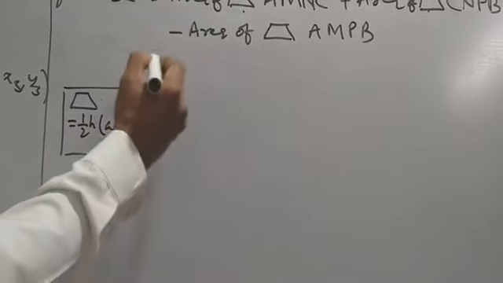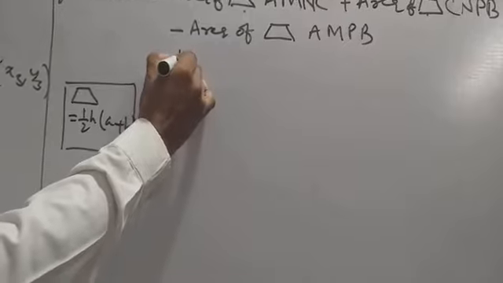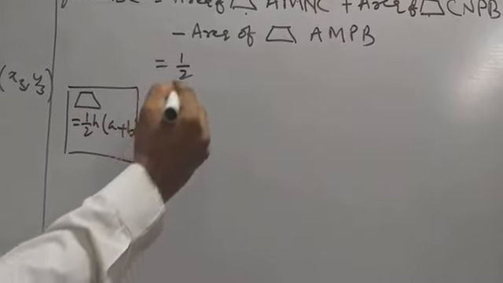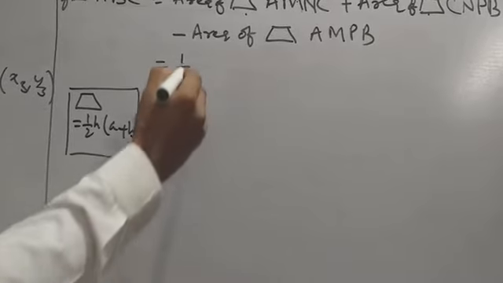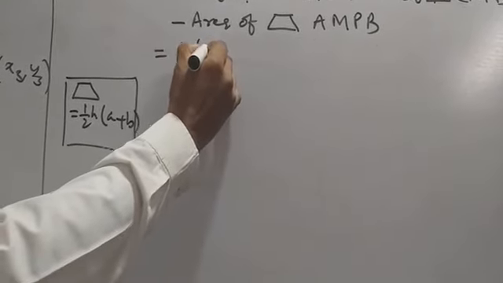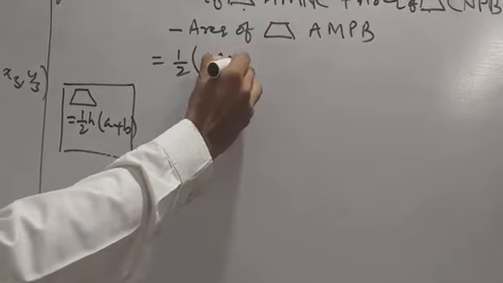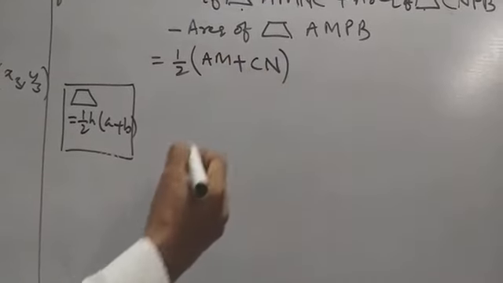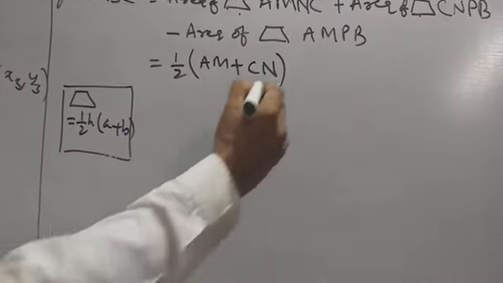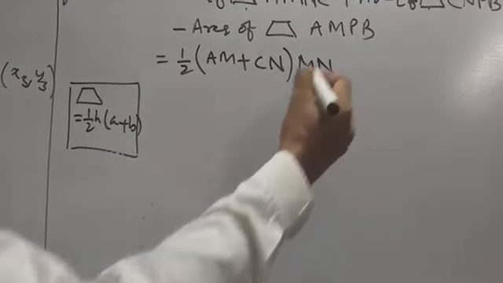If you observe the diagram here, the area of trapezium AMNC is nothing but half of the parallel sides AM plus CN into the height MN.